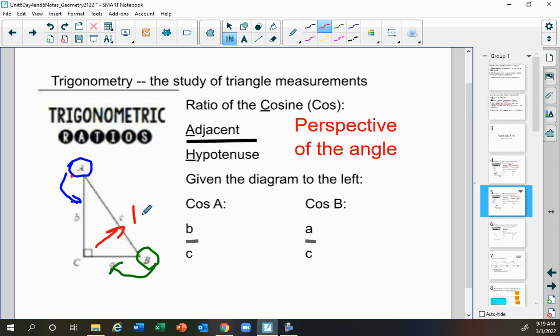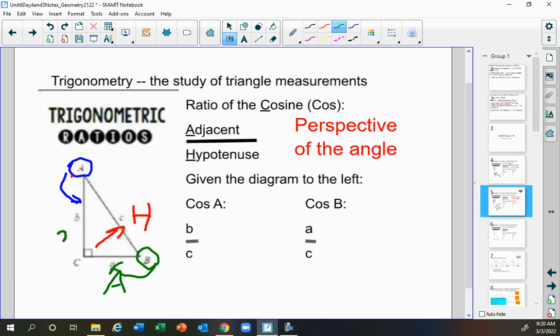So what I should have done on the last slide, always indicate your hypotenuse. And then what I would tell everybody is, with adjacent, look at your angle. It all depends on the angle. Label your sides, adjacent or opposite.